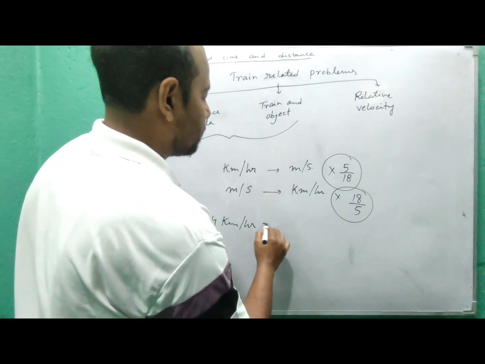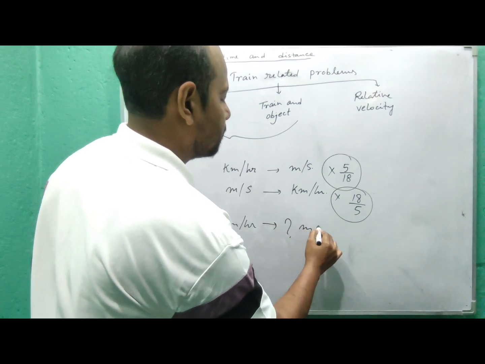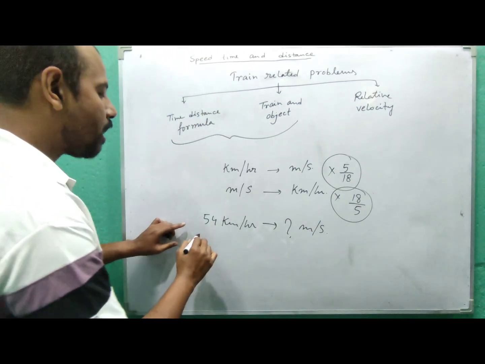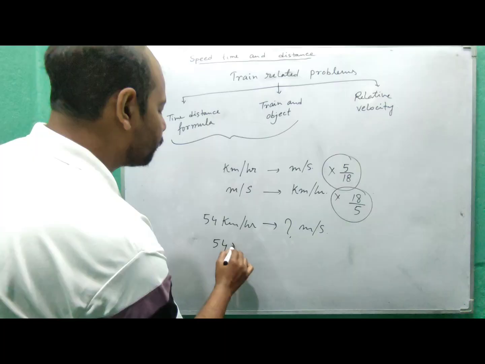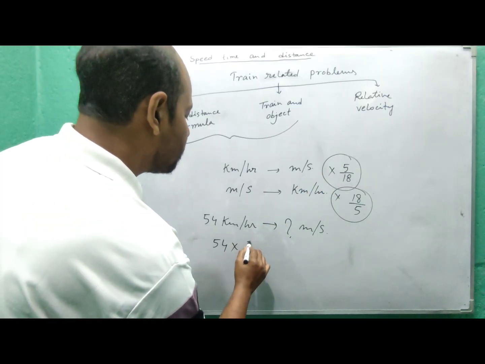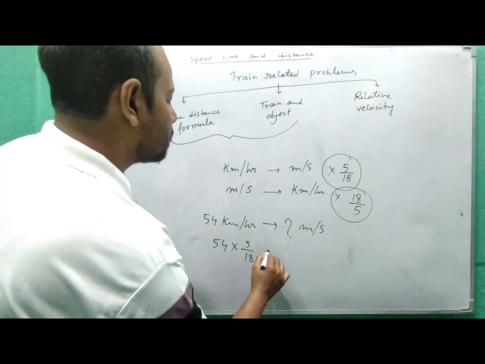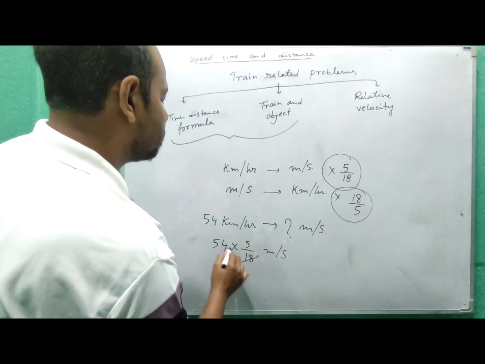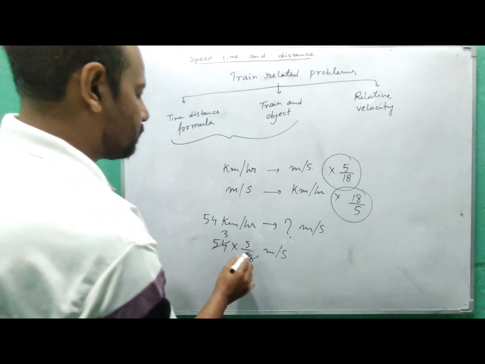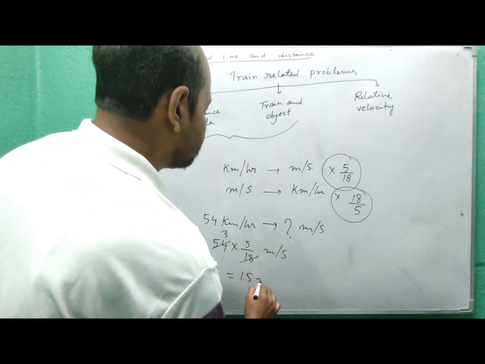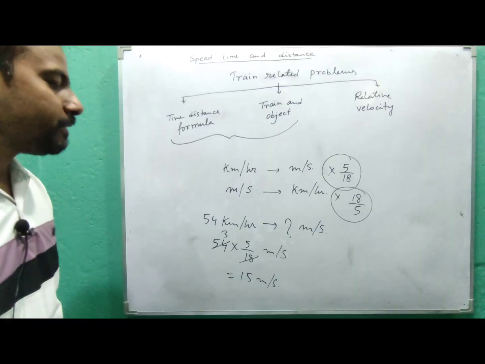Suppose we need to convert 54 kilometer per hour into meter per second. So we have to multiply 54 by 5 by 18 meter per second. That is 5 threes are 15 meter per second.